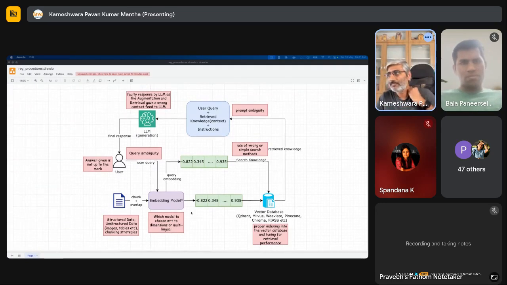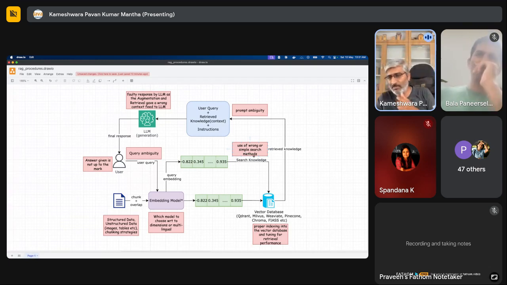And then comes query ambiguity, right? You're not writing a clear question for what you are trying to search, or what you intended to ask. That's again a problem. And then the use of wrong or simple search methodologies. Let's say you have used a very simple search methodology. There are many things, as I said.